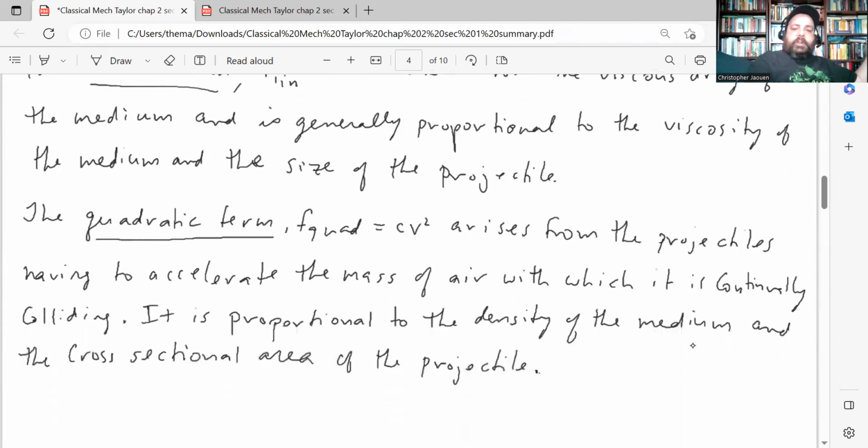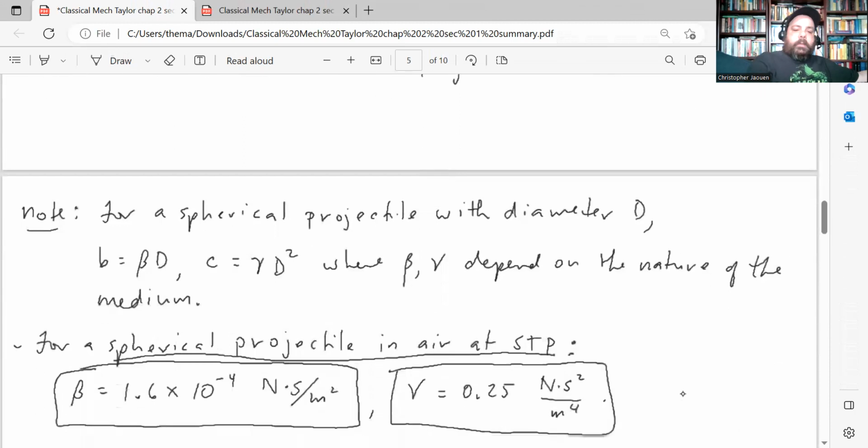And the quadratic term, c v squared, so it's proportional to the square of the speed, arises from the projectile having to accelerate the mass of air, or whatever the fluid is with which it continually is colliding. It's proportional to the density of the medium and the cross-sectional area of the projectile.